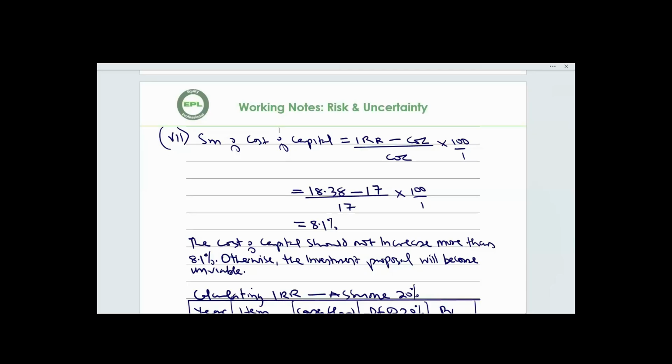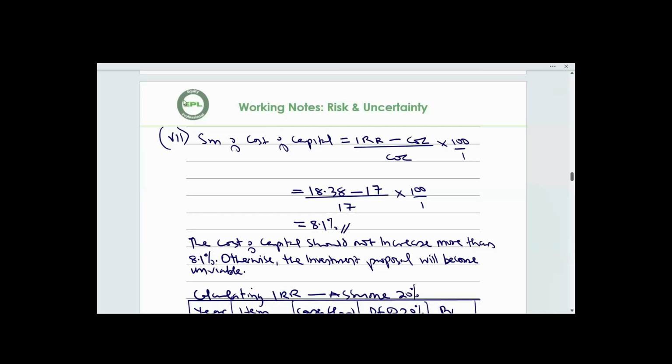This will usually be embedded under a particular requirement. Requirement A, you may be asked to evaluate the project. Requirement B, the examiner can ask you to do another thing. Then requirement C, you may be asked to determine the sensitivity margin of working capital, for example. But again, you must know what you are doing. So that's the end of sensitivity margin.